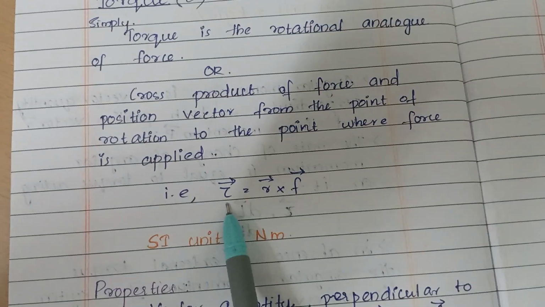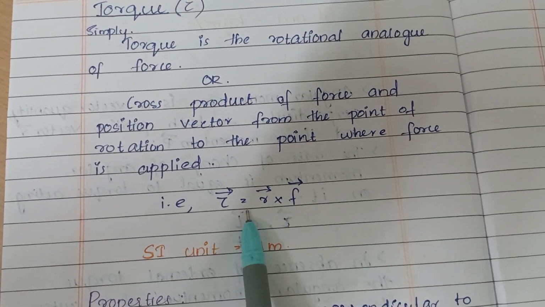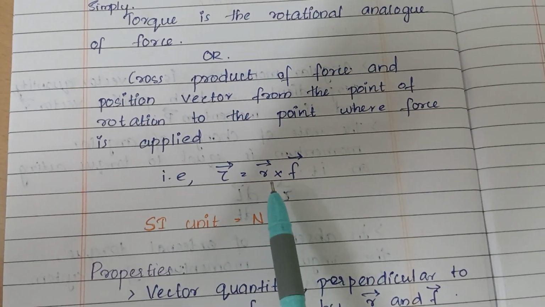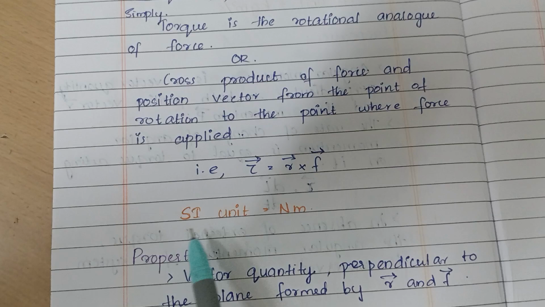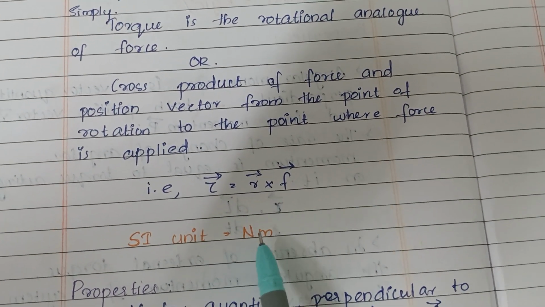That is, torque tau is equal to r cross F. The magnitude of the torque will be rF sine theta. The SI unit of torque is Newton meter.